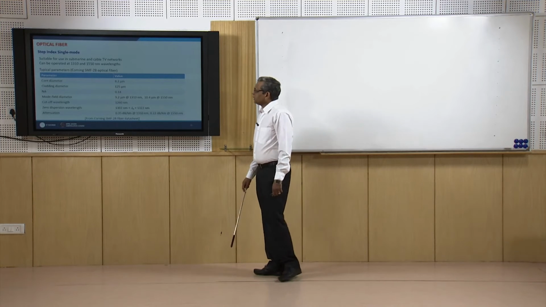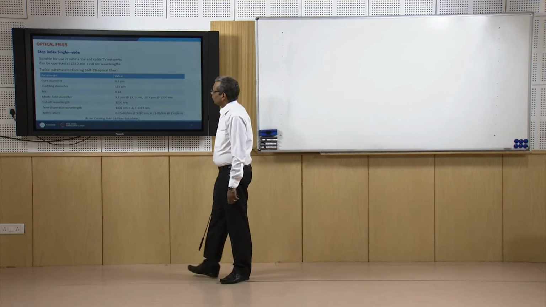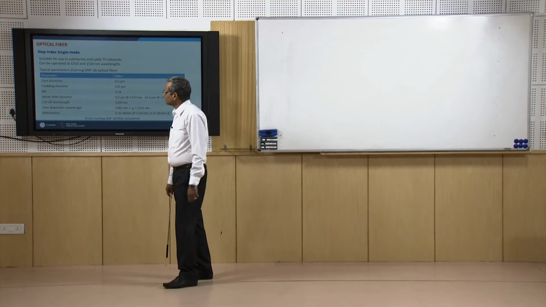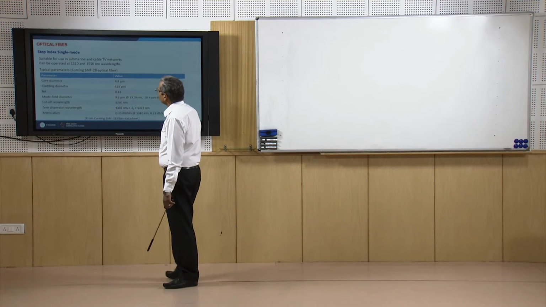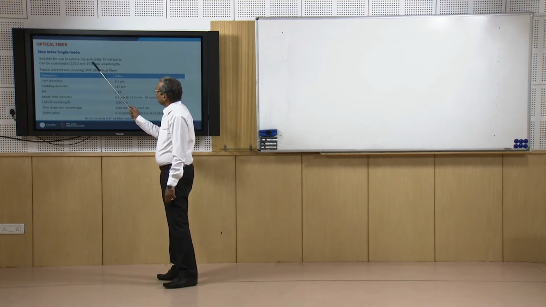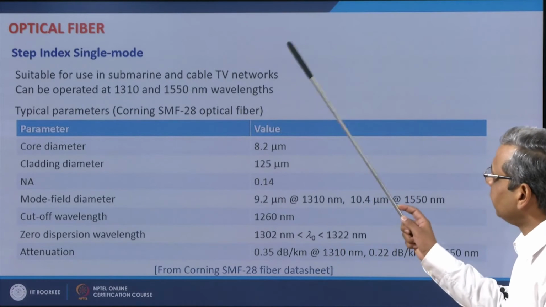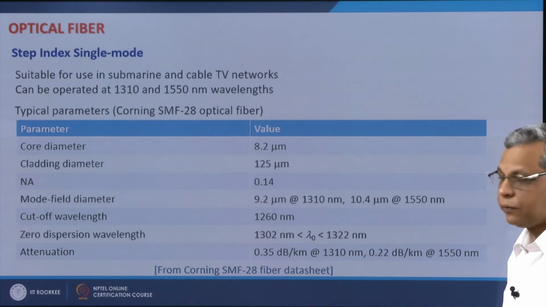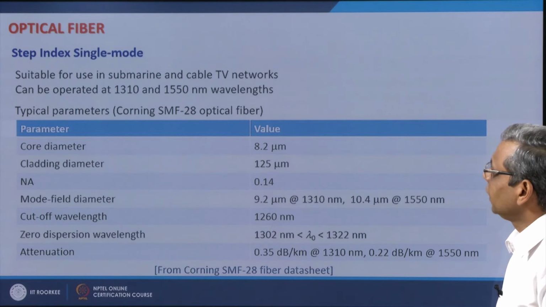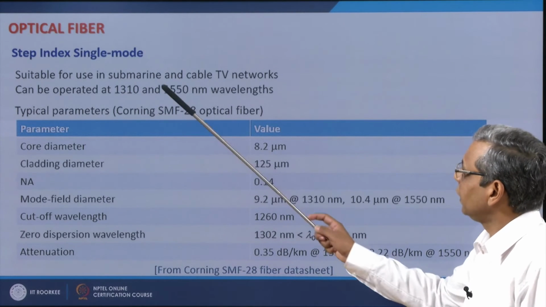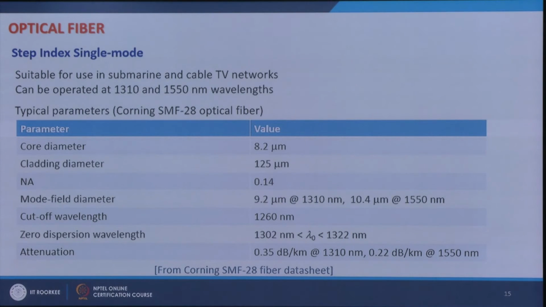If you look at a typical step index single mode fiber for telecom systems, then this fiber is suitable for long haul telecom systems in submarine and cable TV networks. It can be operated at 1310 and 1550 nanometer wavelengths.